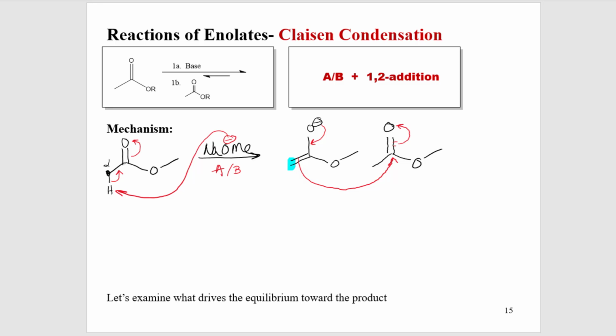Let's number our atoms. 1, 2, 3, 4. Okay, now what we have is carbon 3, which still has the O methyl off of it, now has an oxygen and a negative charge. It still has carbon 4 off of it.